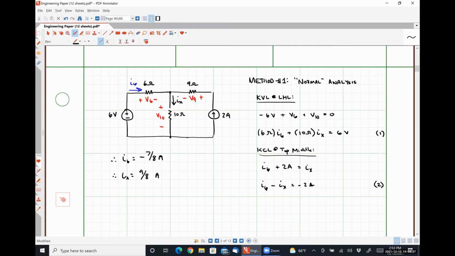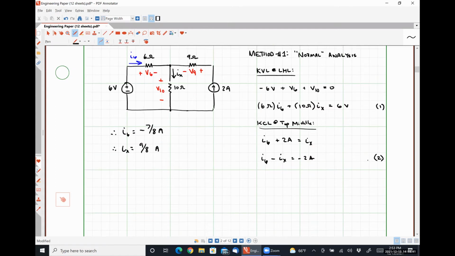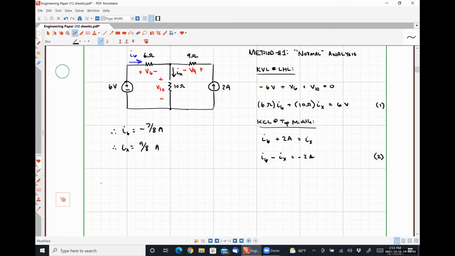Okay. Now let's analyze the circuit using method 2, superposition.